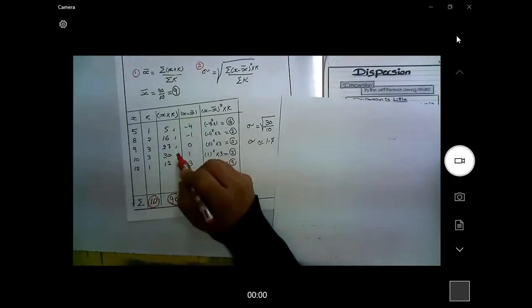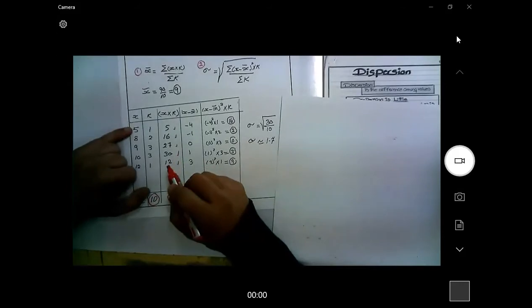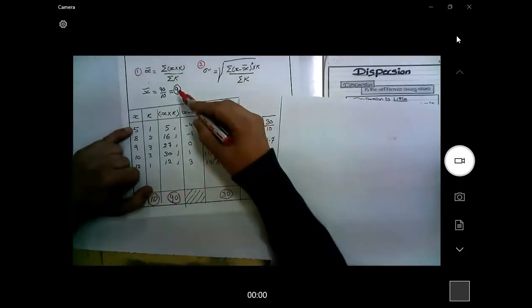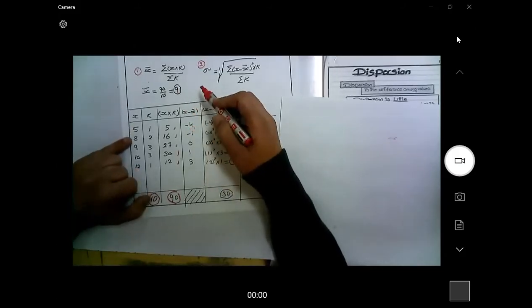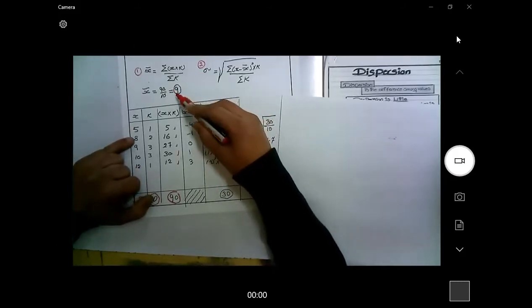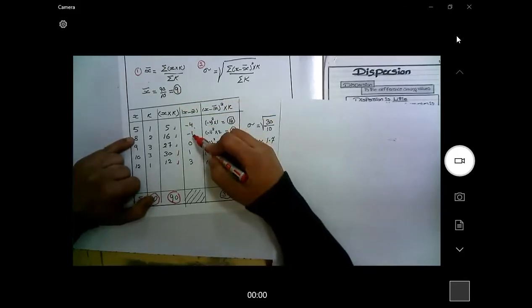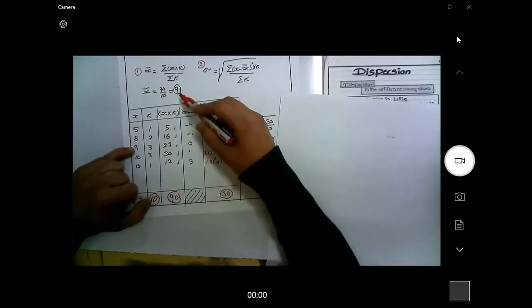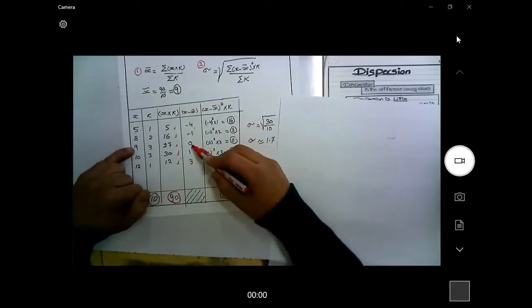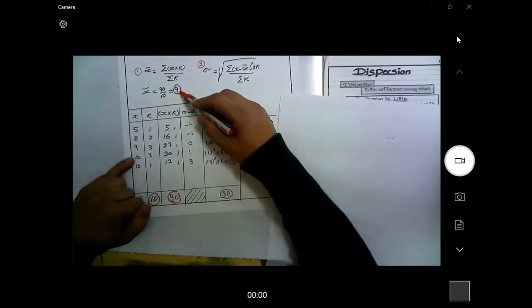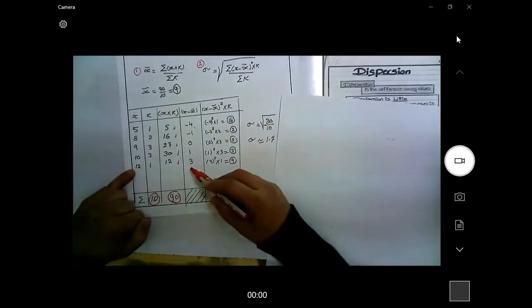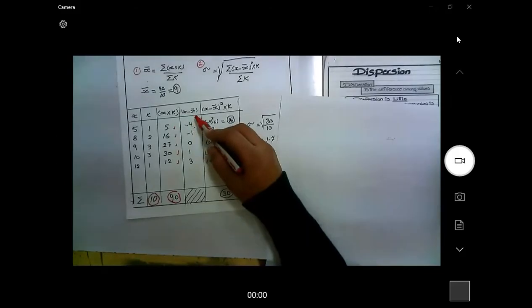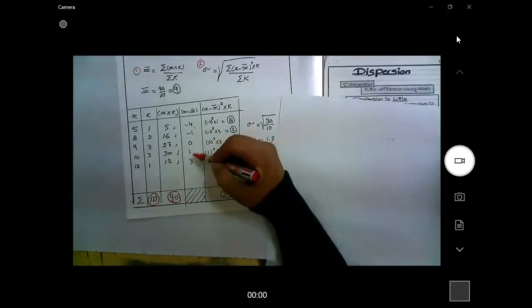X minus x dash. 5 minus x dash 9 equals negative 4. 8 minus 9 equals negative 1. 9 minus 9 equals 0. 10 minus 9 is 1. 12 minus 9 is 3. This is the x minus x dash column: negative 4, negative 1, 0, 1, 3.